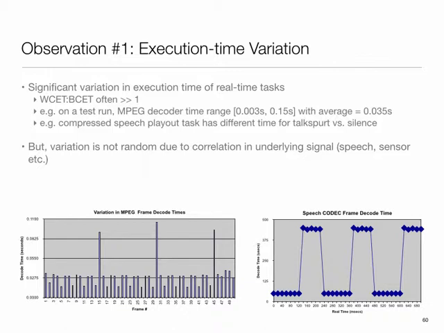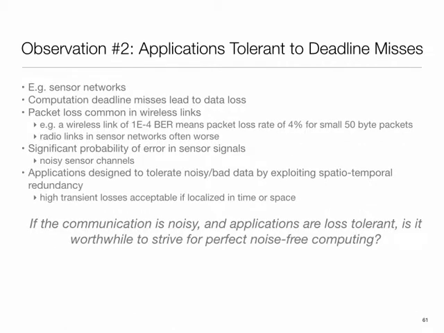A lot of these systems have some tolerance to losses, because losses happen elsewhere in the system. If I mispredict, it's as if there was a packet loss or something like that. In this case, it's not a packet loss, it's actually a deadline miss. An occasional deadline miss in return for saving a large amount of power is often a good trade-off as well. So people make use of these kinds of techniques.